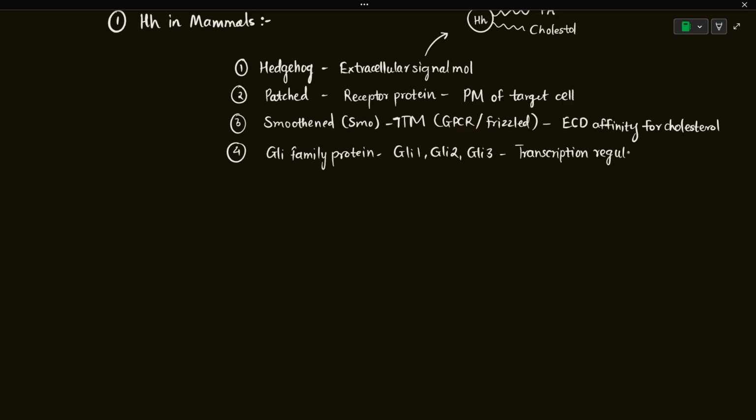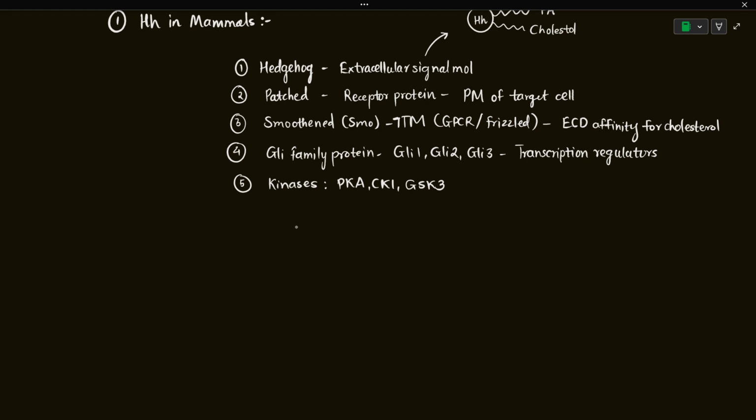Then there exist other proteins, the kinases obviously, which are going to get involved in the signaling pathway. They are PKA, CK1, the casein kinase 1 that we discussed in the Wnt signaling pathway, and GSK3. So these different kinases will also be involved in this Hedgehog signaling pathway.